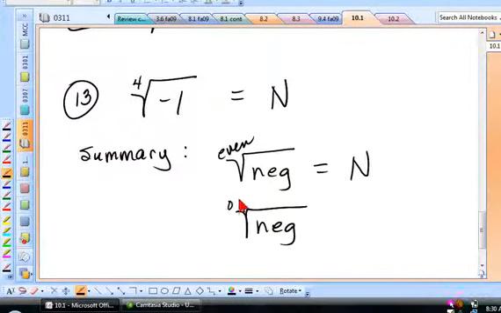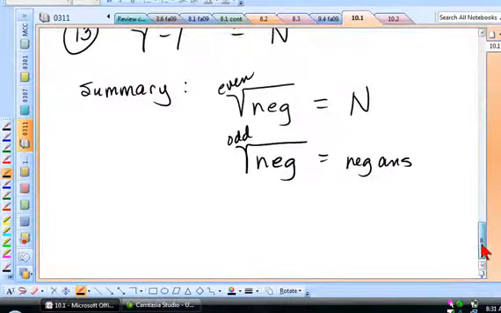If the index is odd, you get a negative answer. So you can take odd roots of negative radicands, but you cannot take even roots.